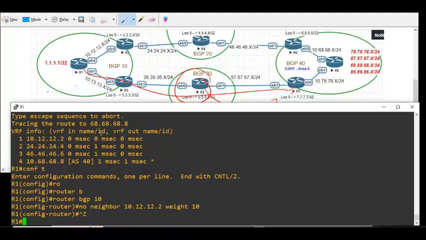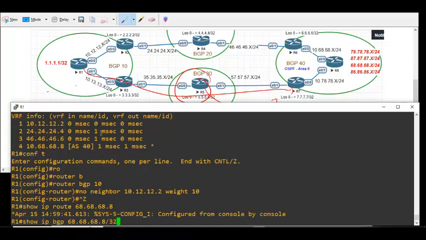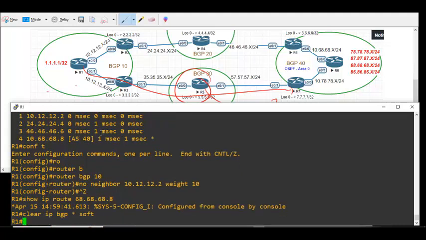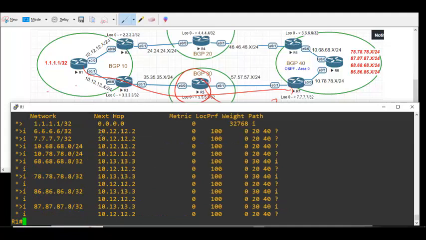It has gone back to router 3 because router 3's origin code is I. Via 3, the origin code is I. Via 2, the origin code is question mark. So the tiebreak has now gone back to attribute number 5. Origin code is what? Attribute number 5. Don't forget. The sequence is very important.